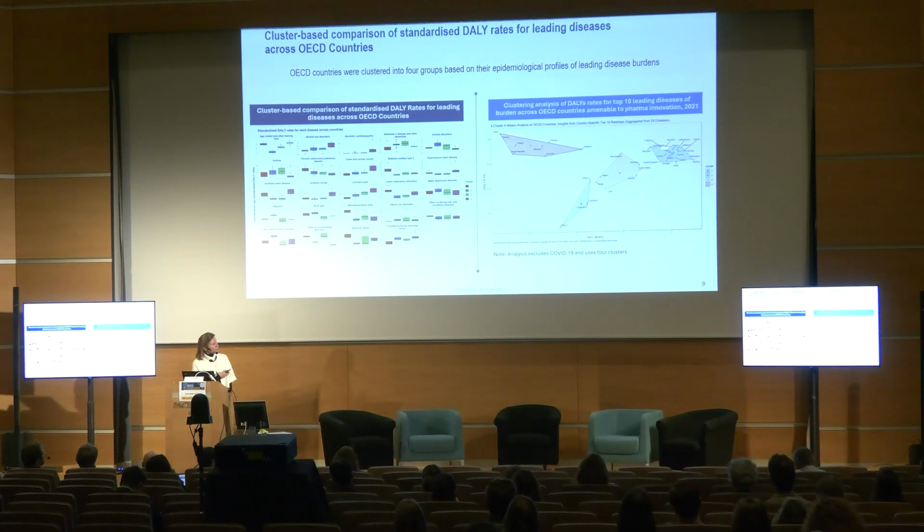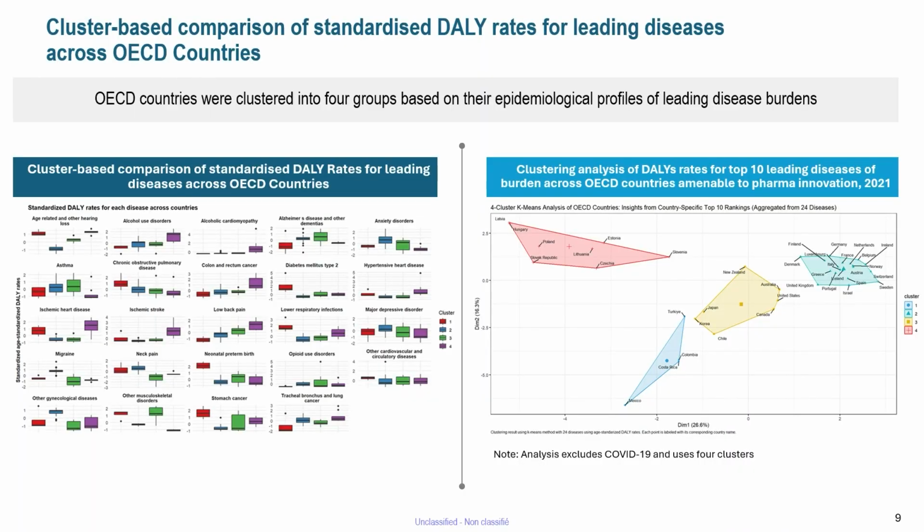Just next to that, in yellow, you have the group of New Zealand, Australia, Canada, Japan, US, and also Korea, with a specific burden of disease: Alzheimer, which is also big elsewhere, but a relatively high burden of Alzheimer, opioid disorder, and other types of disease.